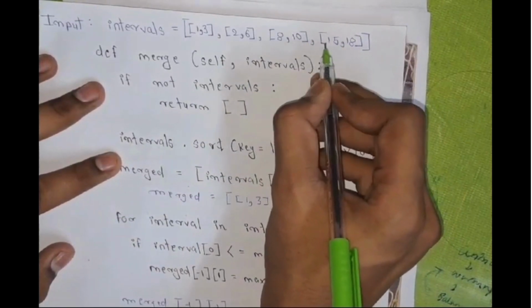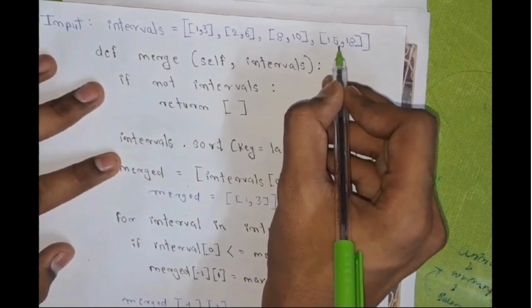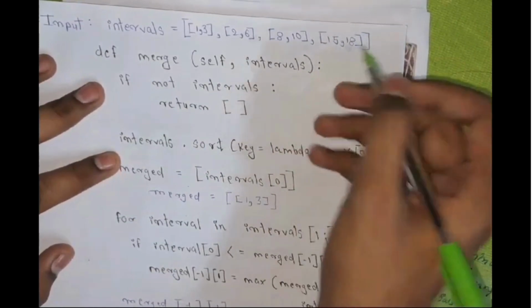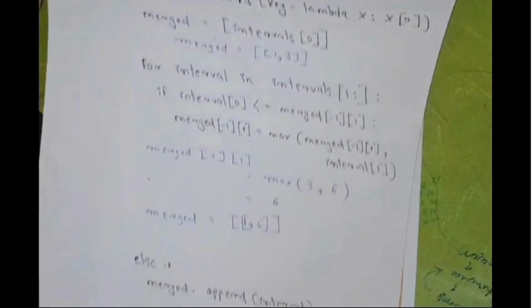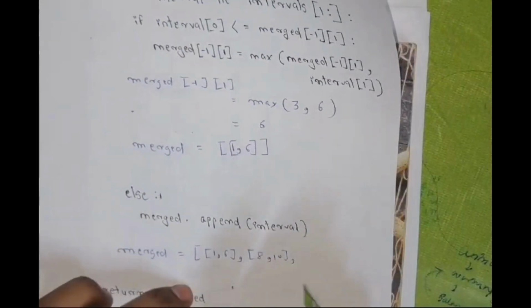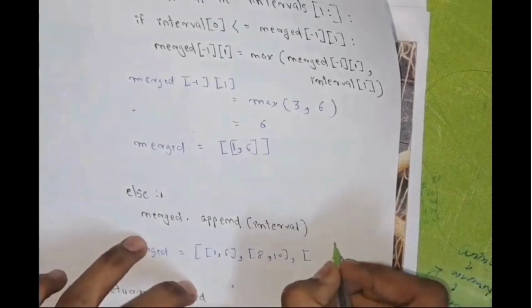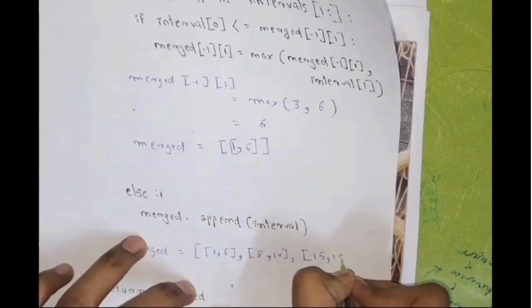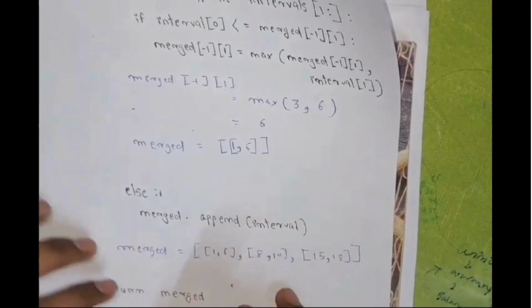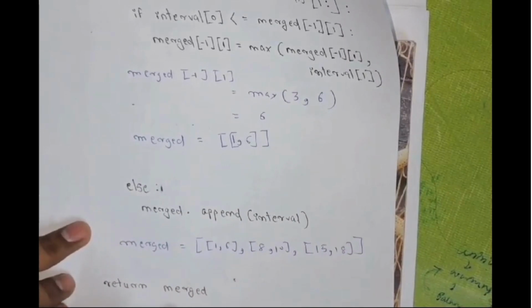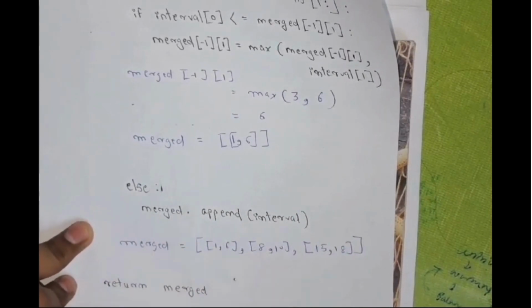So these two will also not overlap, therefore we will simply append 15 comma 18 to the merged array as given in the else condition. Finally we will return the merged array, which is our desired output.